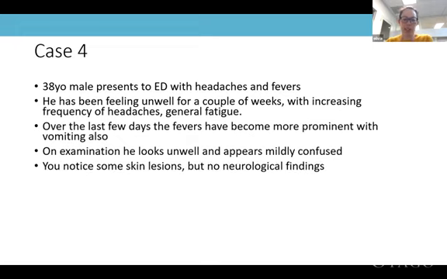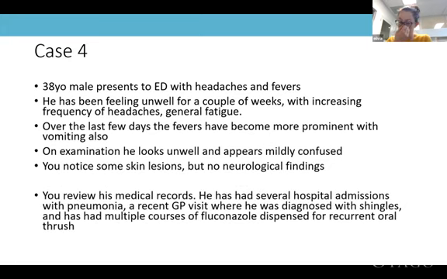You notice some skin lesions, but nothing focal neurological when you examine him. You have a look at his medical records, and you can see that he's visited the hospital several times with pneumonia, and he's had a recent GP visit where he was diagnosed with shingles, and he's had multiple courses of fluconazole dispensed on his dispensing records for recurrent oral thrush.